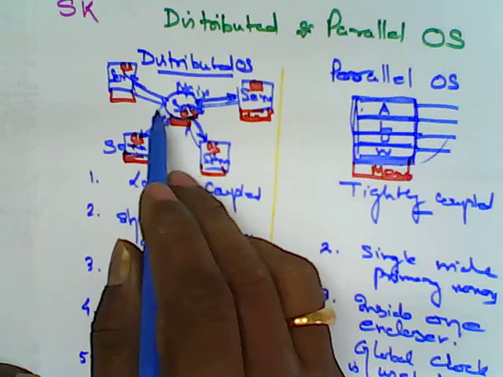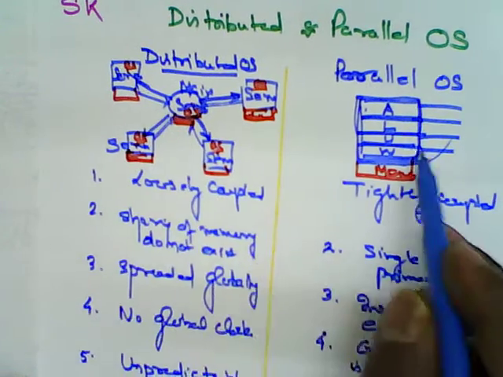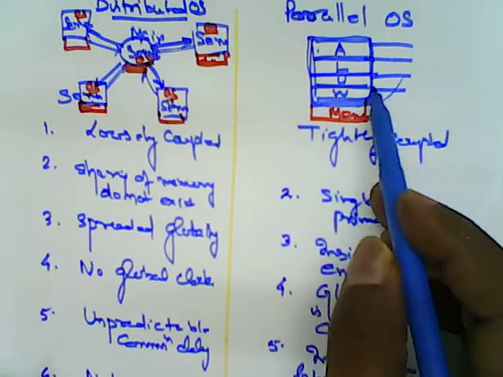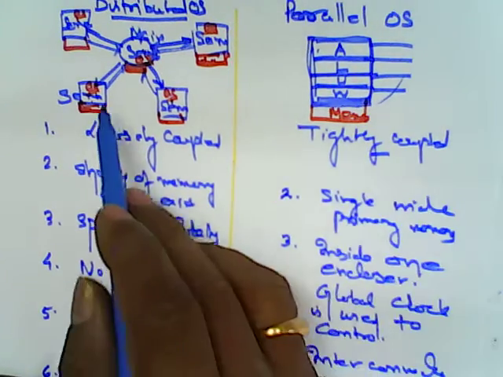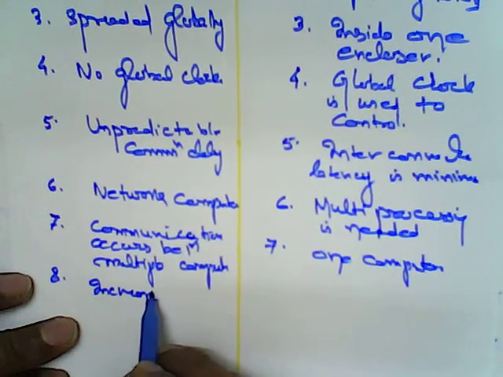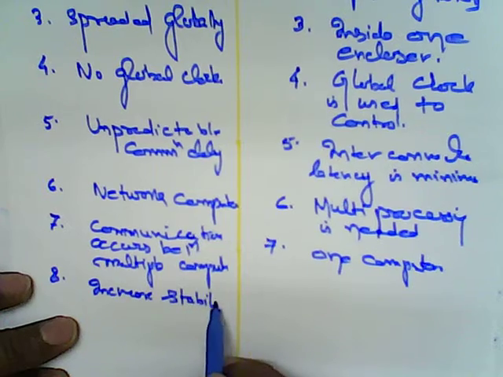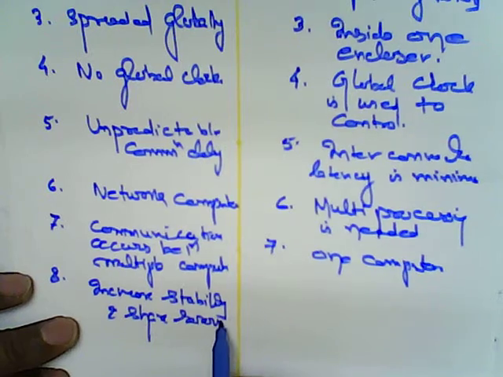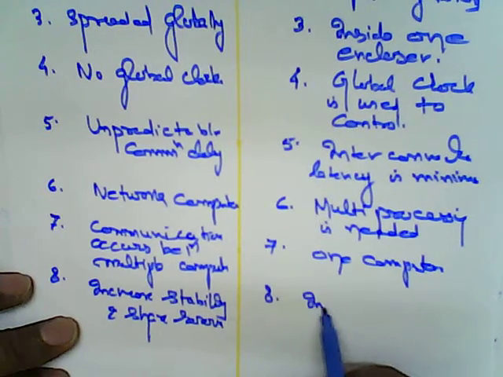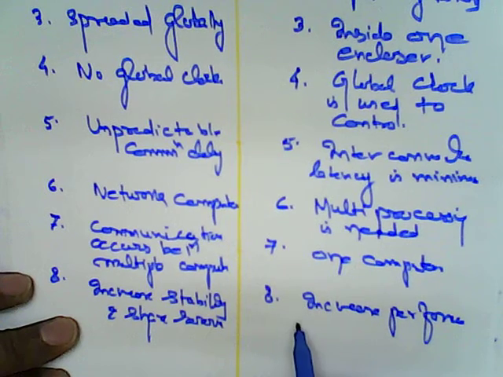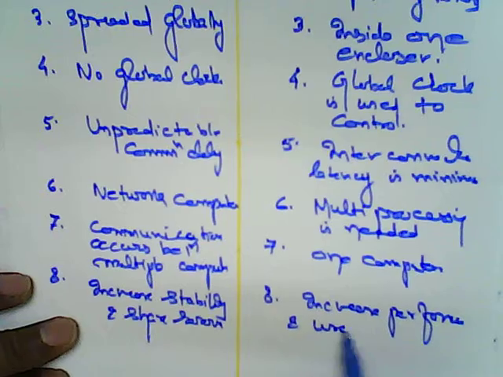And in parallel computing systems, this also increases performance, but there are chances that this may fail, whereas the distributed one will not fail. So here it increases performance and is used for scientific computing.